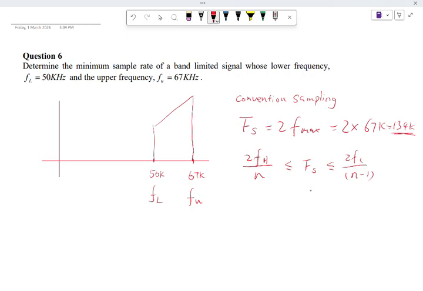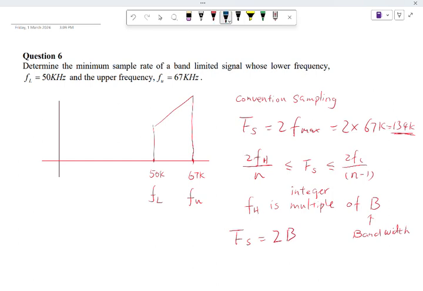Basically, we are saying that when the higher boundary is an integer multiple of the bandwidth, then fs is actually just double the bandwidth.